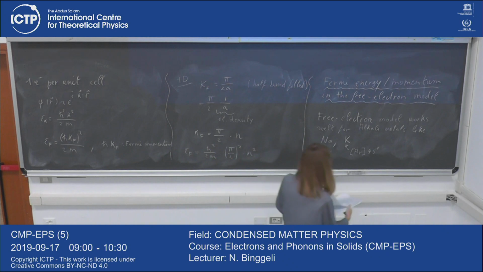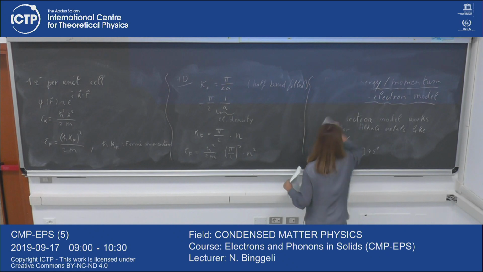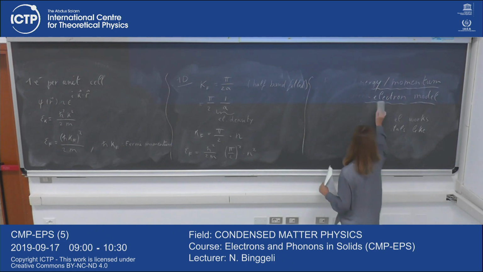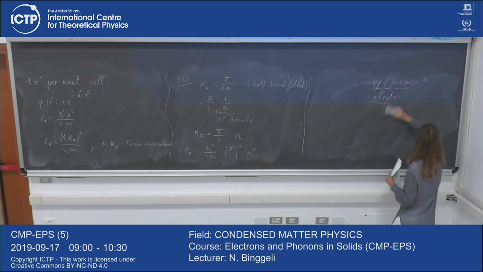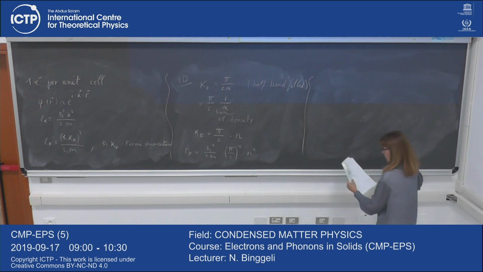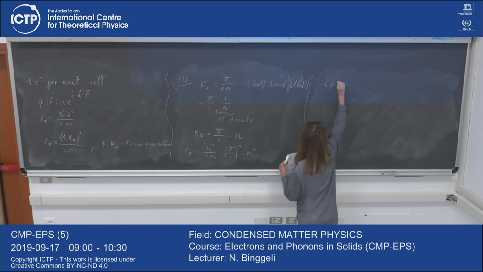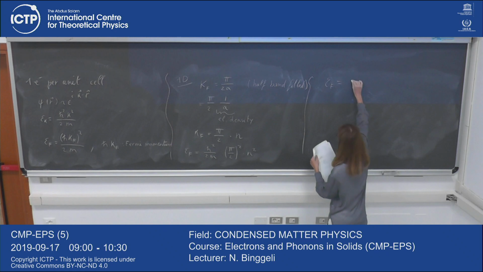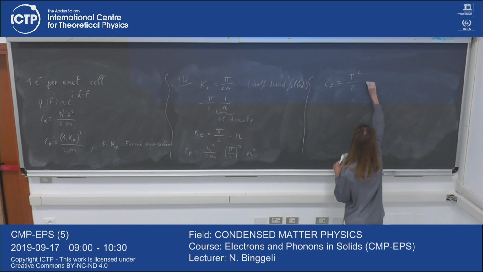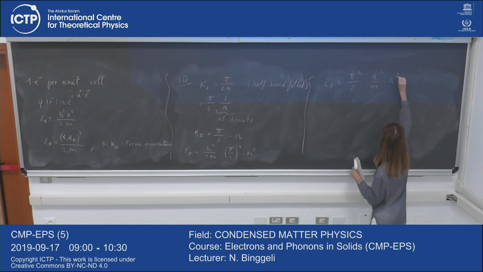And this gives me explicitly the Fermi energy in one dimension in the free electron model: pi squared over 8 times h bar squared over m times the electronic density squared.